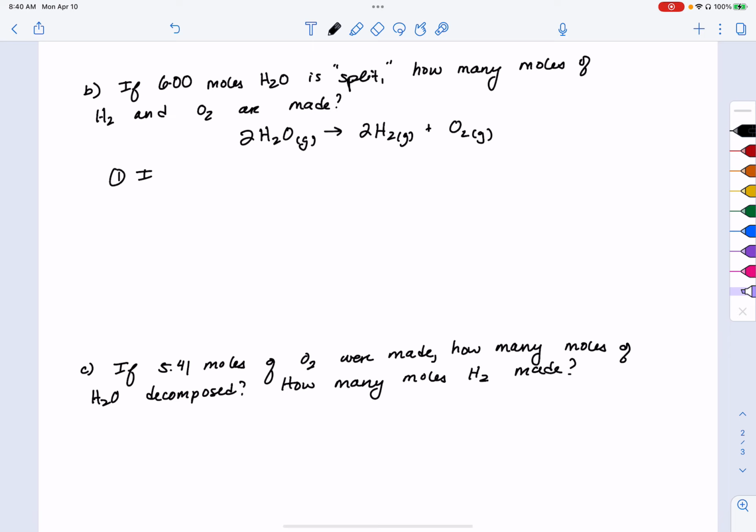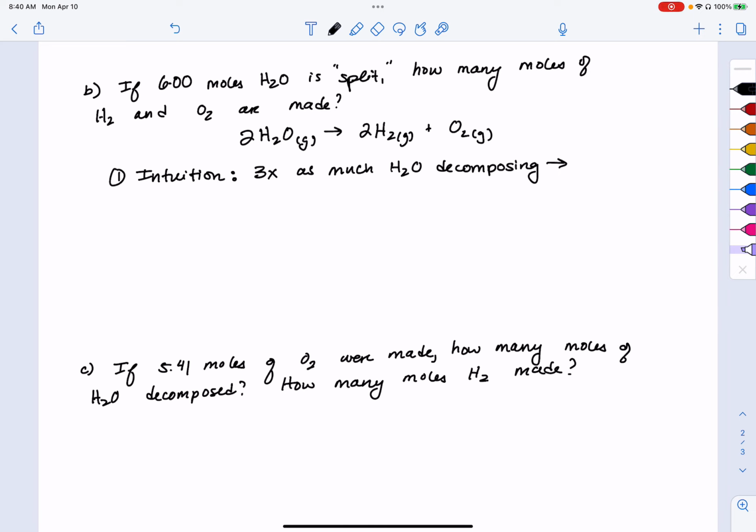Okay, let's try this with intuition. So I don't have 2 moles of water, rather I have 6 moles of water, meaning I have triple the amount of water to start. So I have 3 times as much H2O decomposing. This means that I should probably have 3 times as much product being formed.